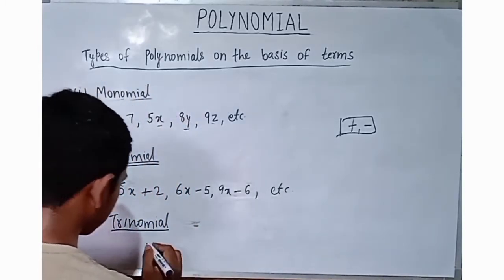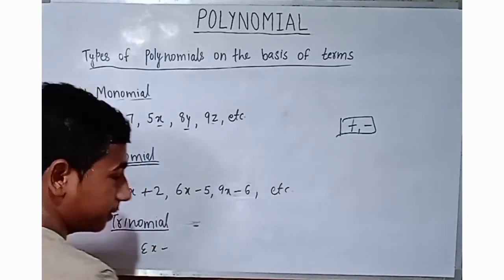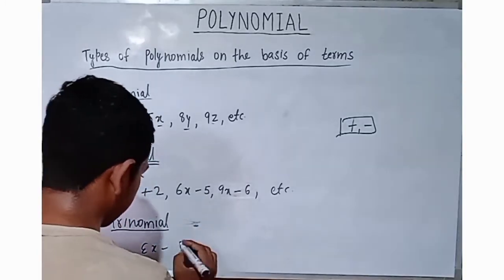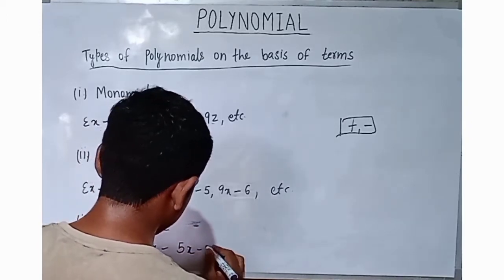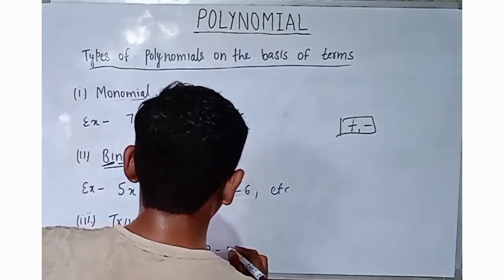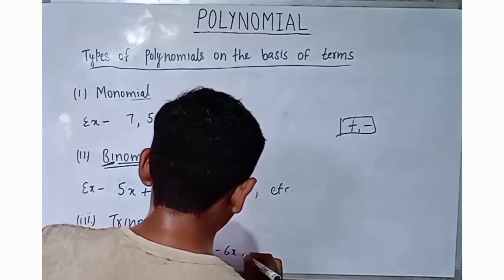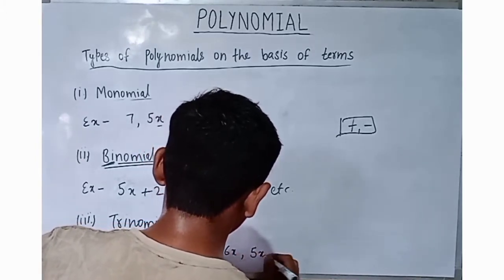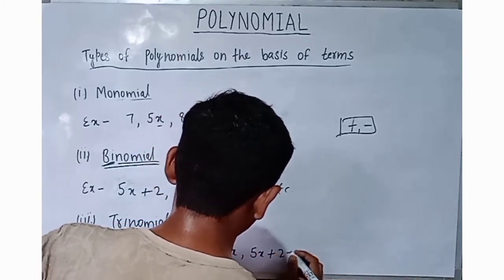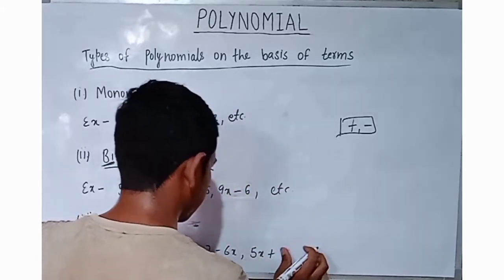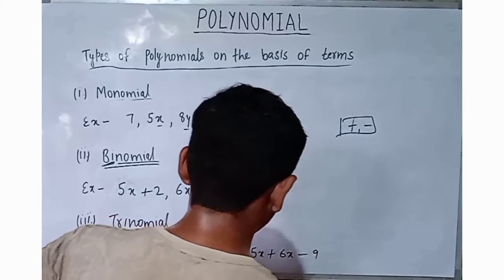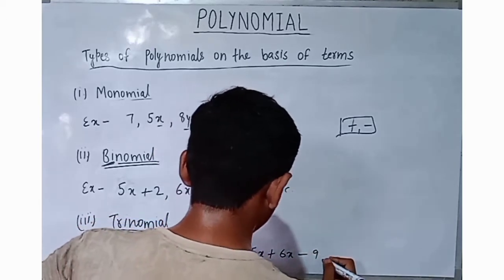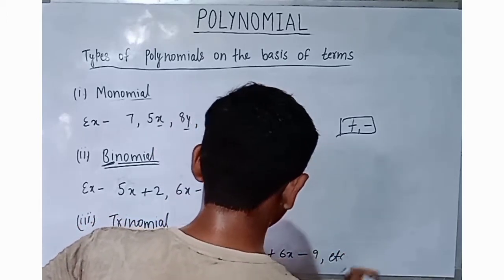So for example, it will be three terms connected with plus and minus sign, okay? Suppose 5x minus 2 minus 6x, okay? Or say 5x plus 6x minus 9, okay, etc.